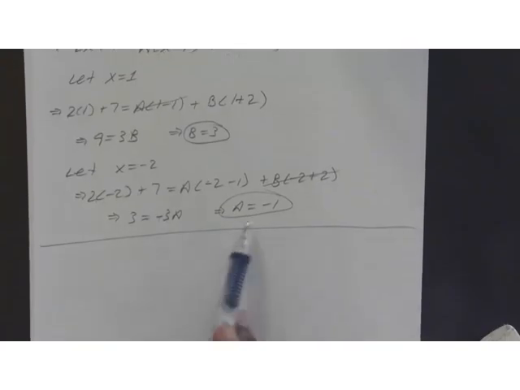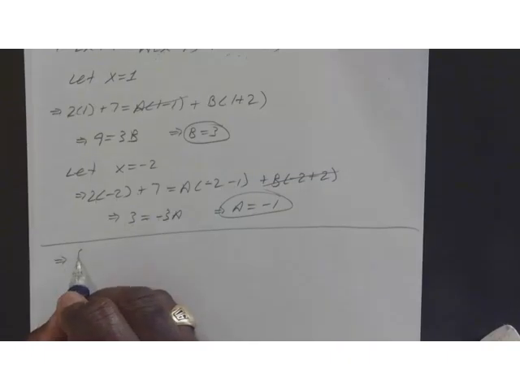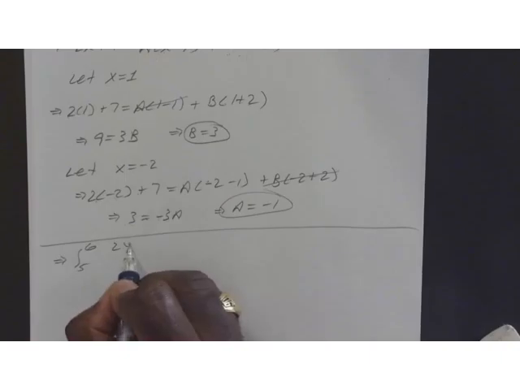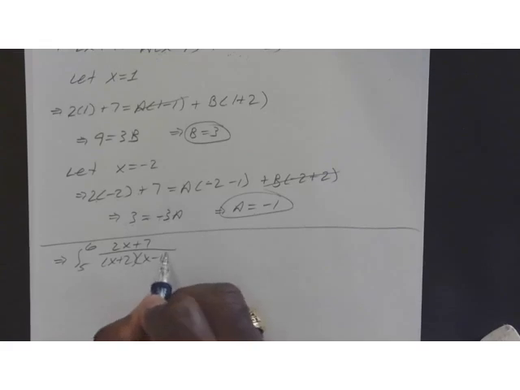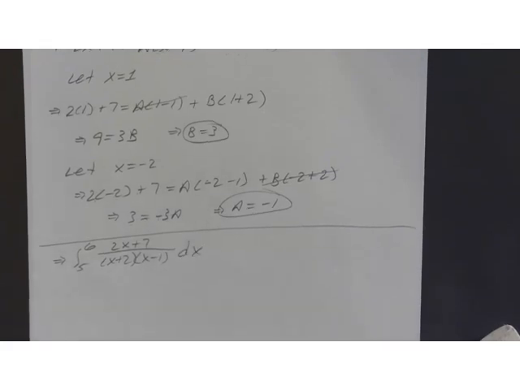Okay, so since A is equal to negative 1 and B is equal to 3, that means we can rewrite our integral from 5 to 6 of 2x plus 7 divided by x plus 2 times x minus 1 with respect to x.